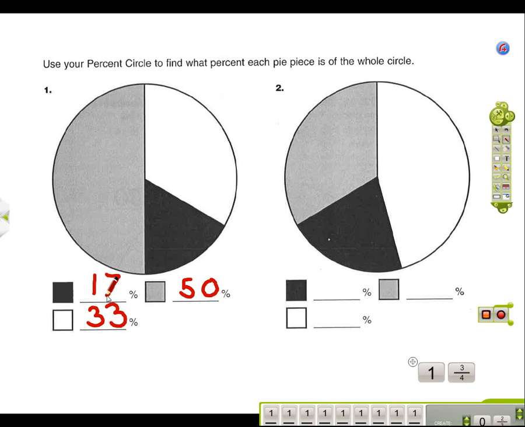I just saw that this was a third. You're right. And then, what do you think the white is? Make an estimate. Just take a guess.